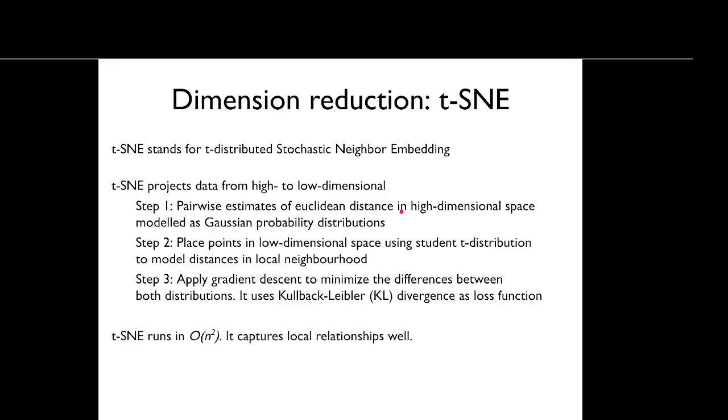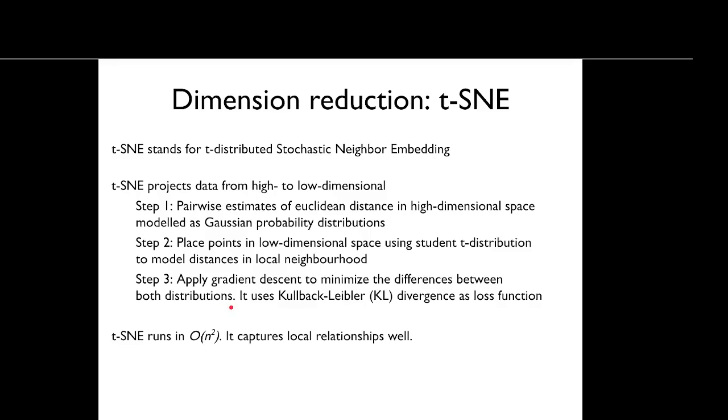So it takes points and their distances, and it creates Gaussian probability distributions for these distances. And then it places points in a low dimensional space and computes the student t-distribution for these points. And then it runs an optimization where it applies gradient descent to minimize the difference between both distributions.